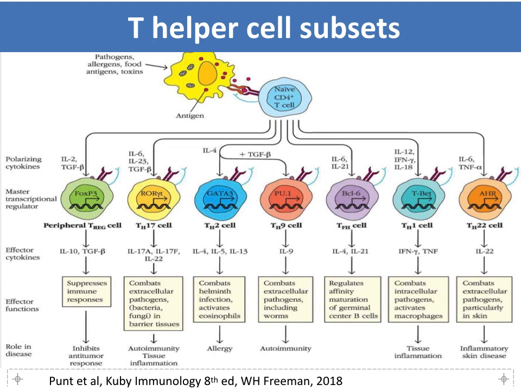Now, there are other T cell types like Th1, second to the right, which is important by producing interferon gamma. Interferon gamma combats intracellular pathogens because it's responsible for activating macrophages and enhancing intracellular killing. So that's the job of your Th1 cell. The TFH cell, or follicular helper T cell, is another type of CD4 T cell.